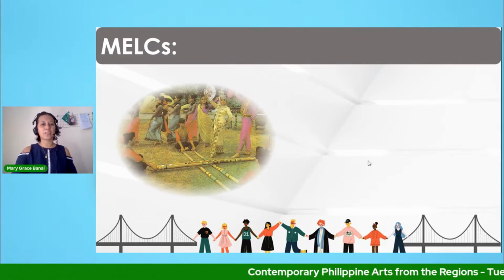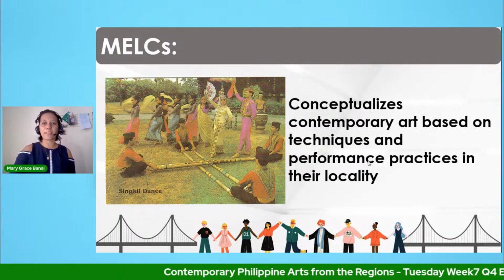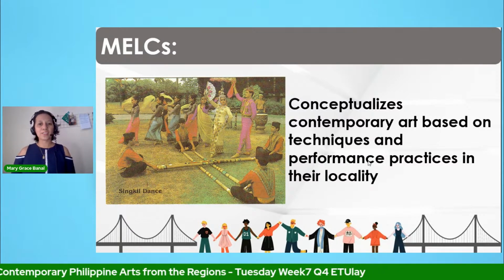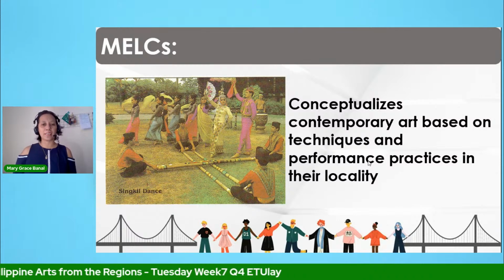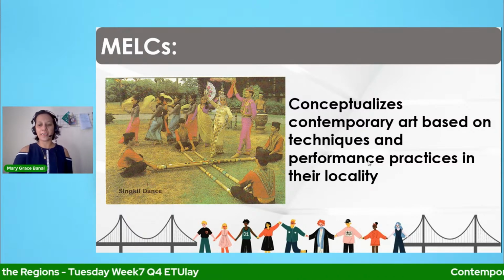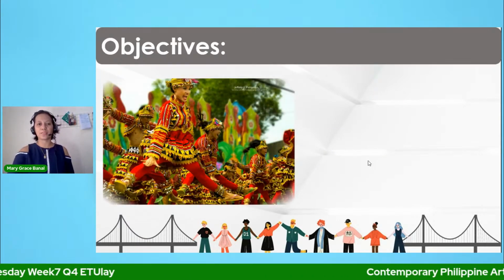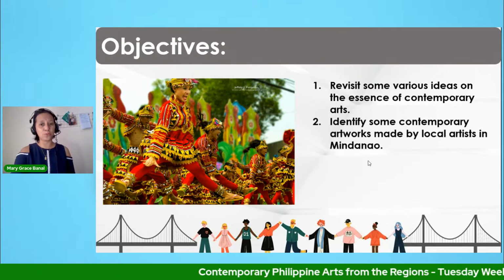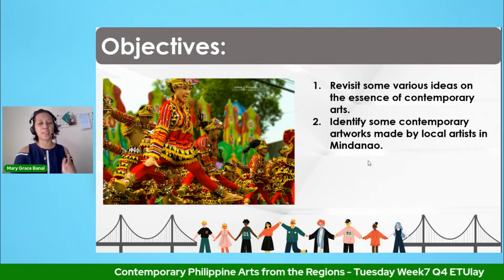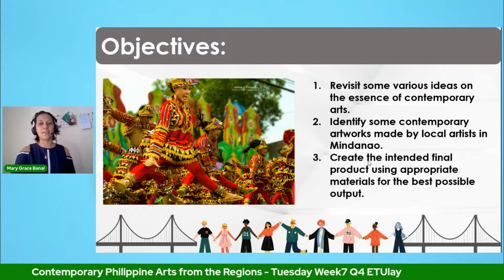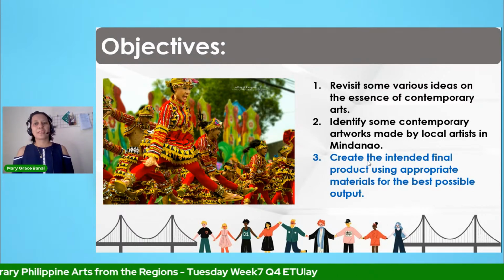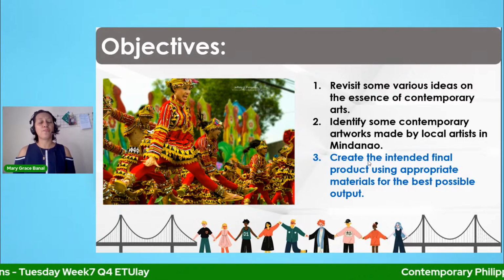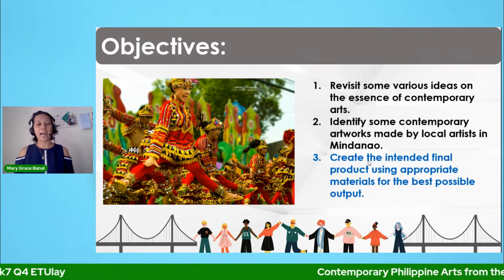We are going to focus the competency on conceptualizing contemporary art based on techniques and performance practices in their locality. For the objectives, although we did the first two last time, we are now targeting objective number 3, which is to create the intended final product using appropriate materials for the best possible output.